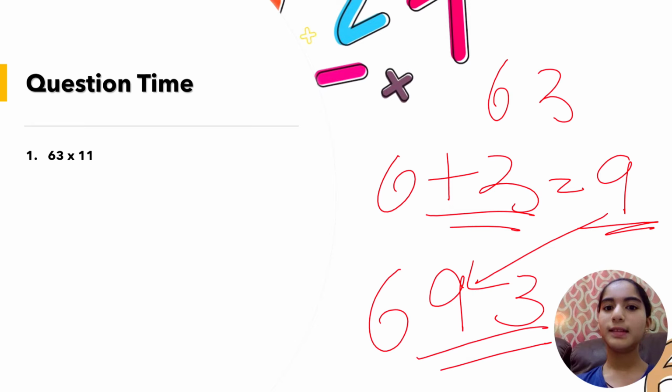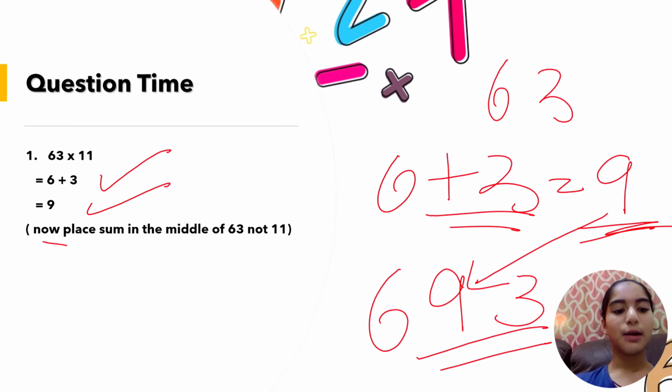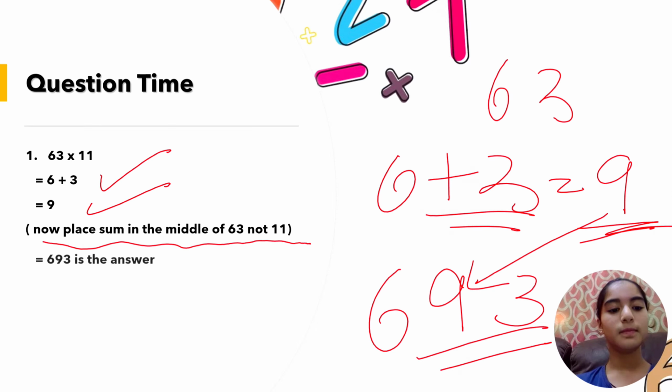Now let's confirm our answer. 6 plus 3 is equal to 9. We got the same 9. Now place the sum in the middle of 63, not 11. As I said before, 693 is the right answer. We've nailed it. Let's go to the next question now.